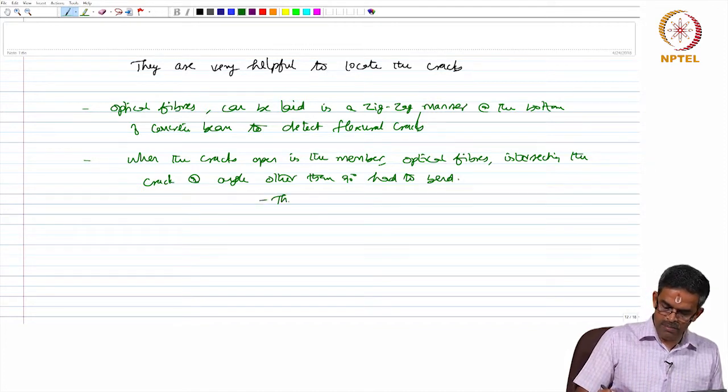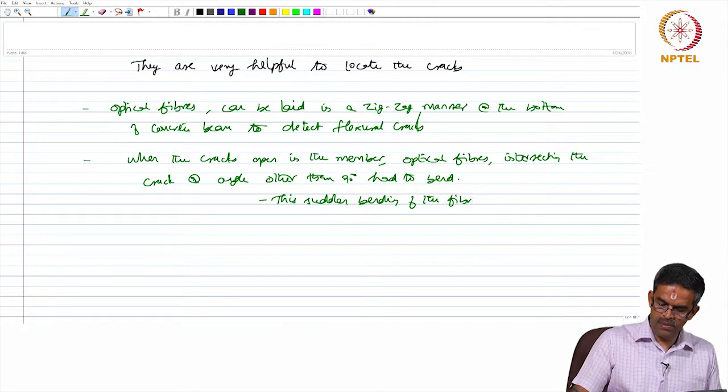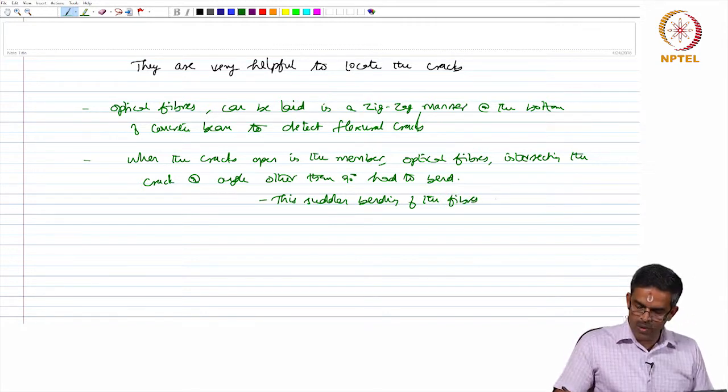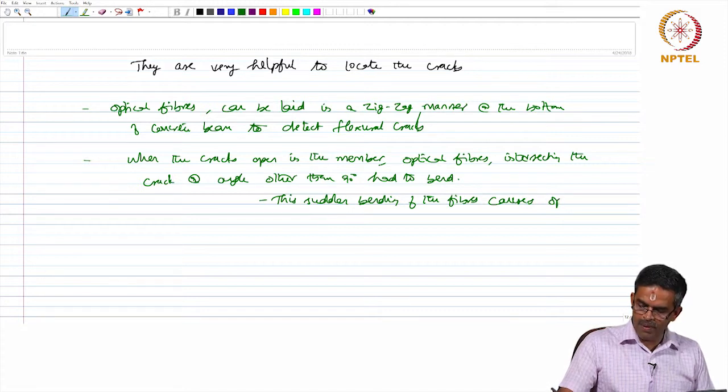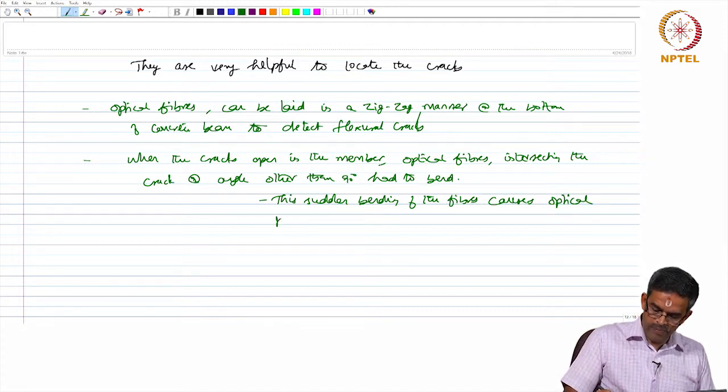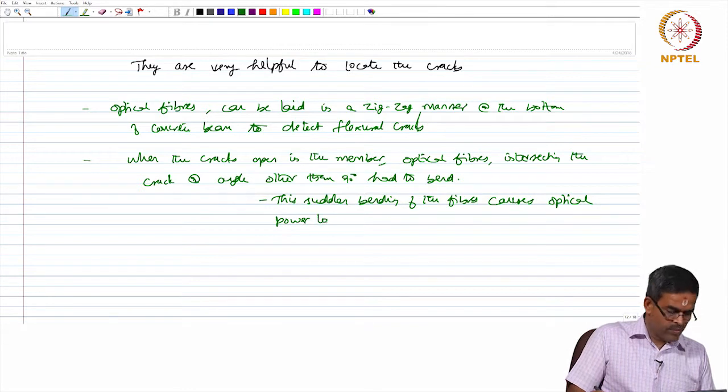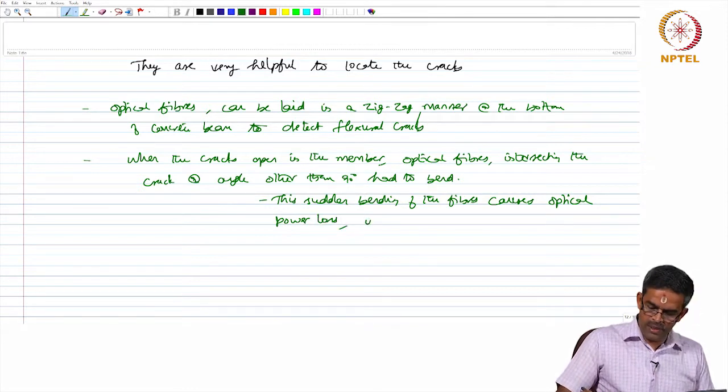And this sudden bending of the fiber causes optical power loss, indicating the location of the cracks.